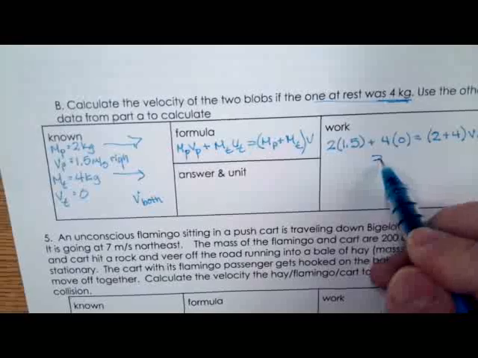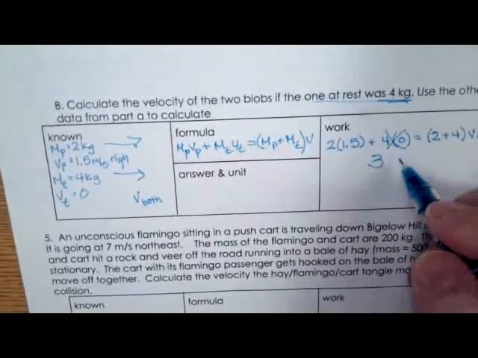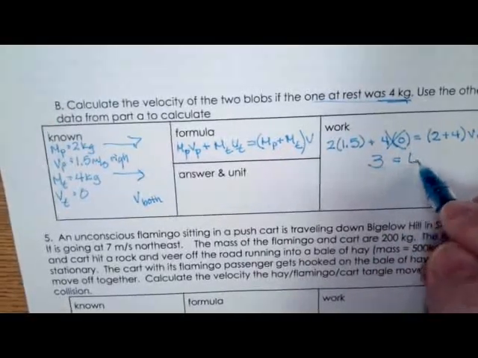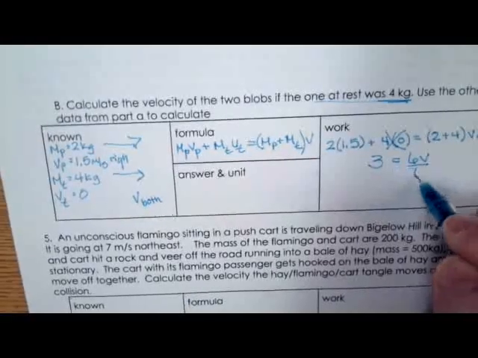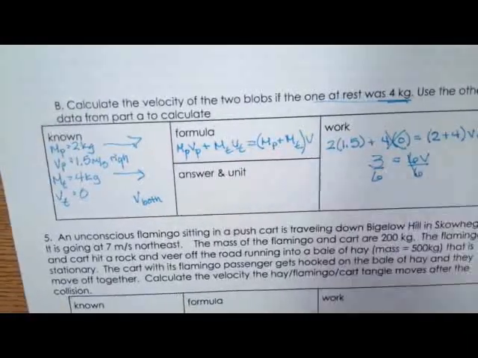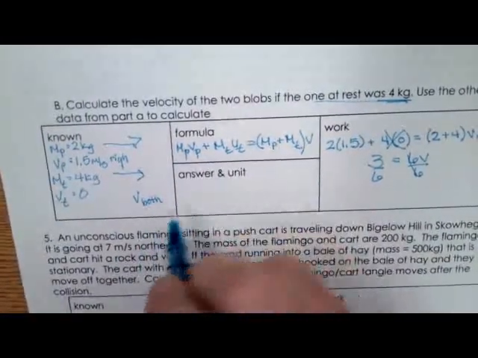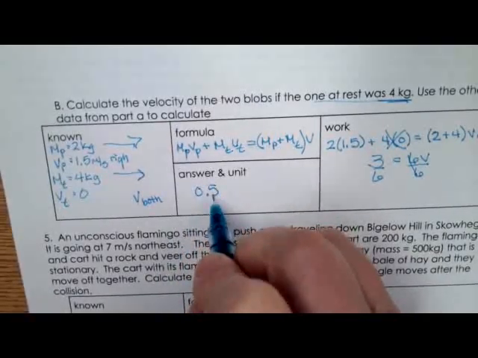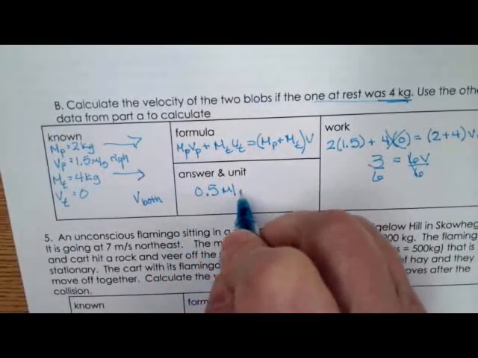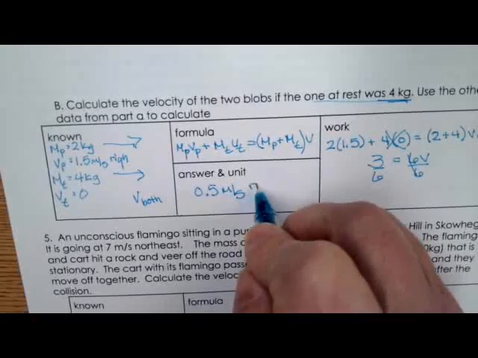So we got 3, and we can ignore the other term because it's 0, equals 6 times the velocity. We're going to divide both sides by 6 to get the velocity by itself. So the velocity is 0.5 meters per second and to the right.